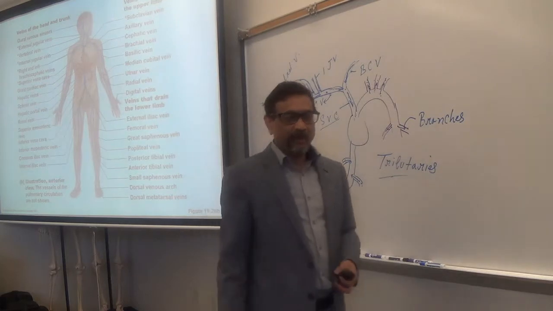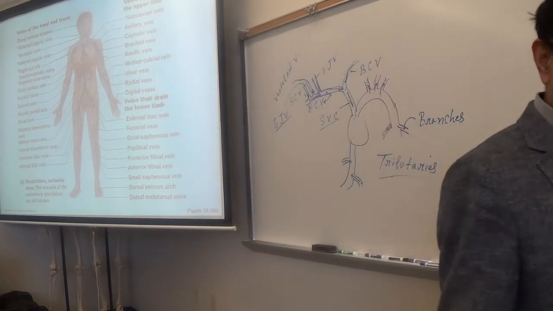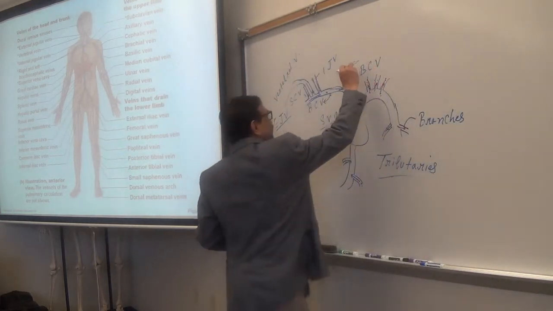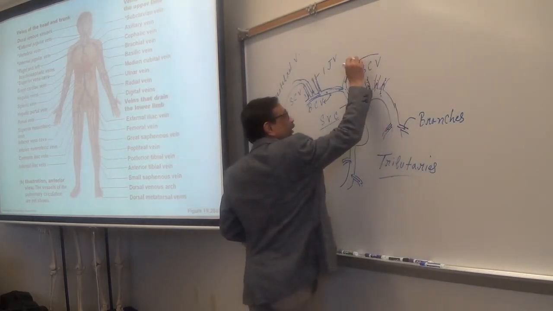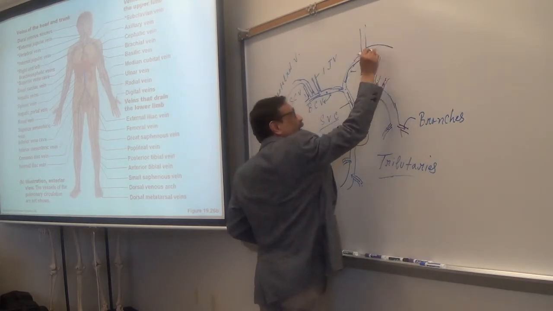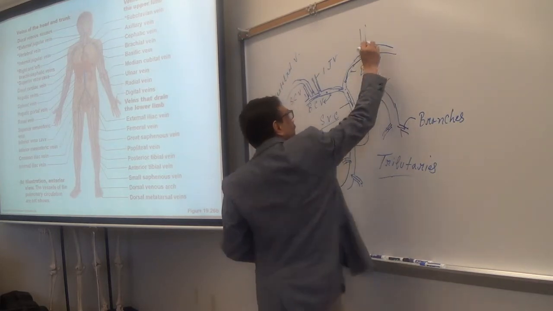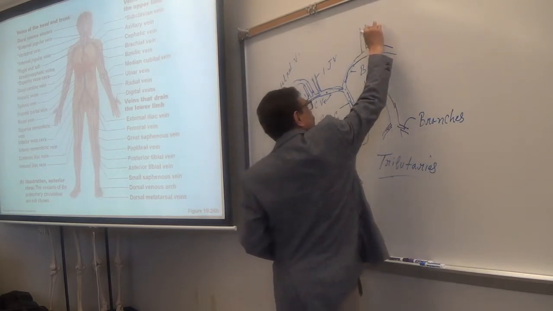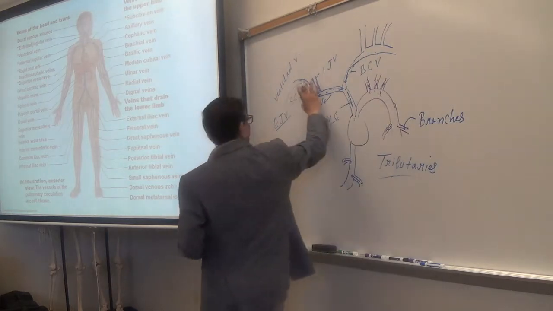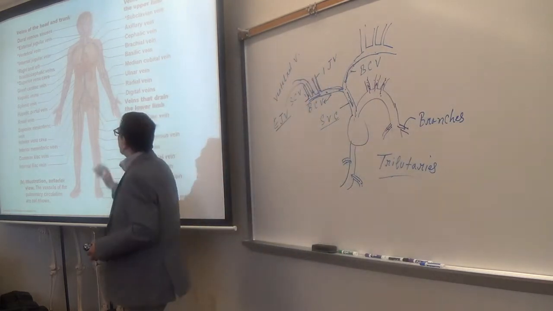Okay, so those are the major veins in this part. Same thing here. This is left brachiocephalic, so it will give left internal jugular, left subclavian, then from here vertebral, left external jugular. Okay, exactly same in both sides.